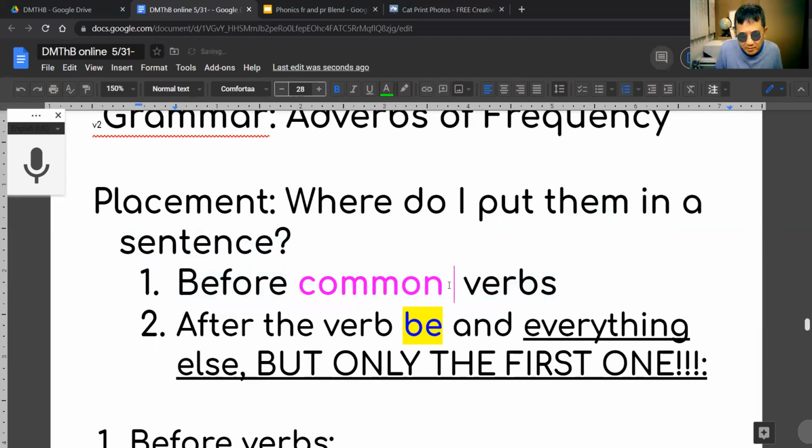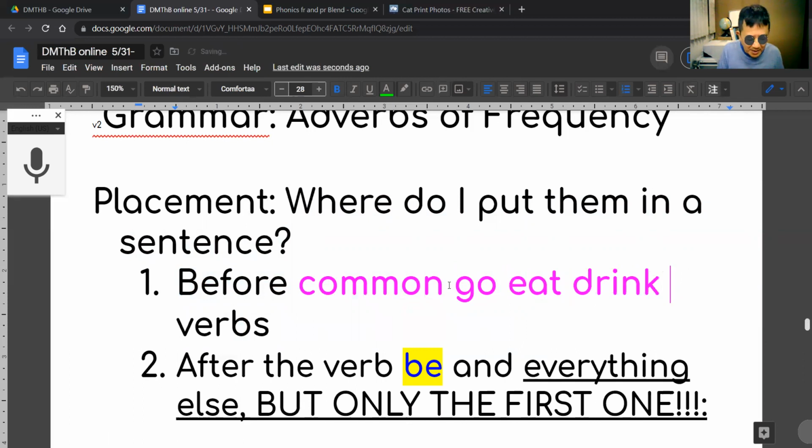A common verb is all the verbs that you have studied, like go and eat and drink, and pretty much all the verbs that you know, including when they change to add the third person singular s. All the verbs, like run, okay?